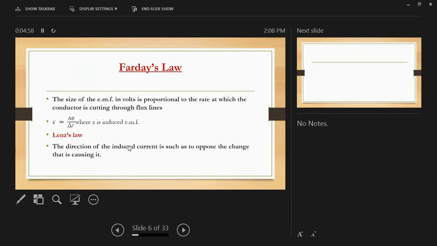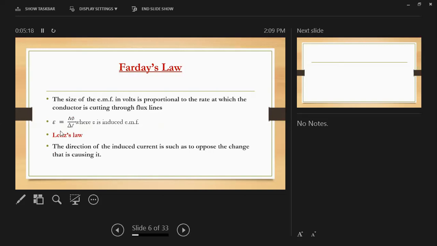There are two laws that we need to know for electromagnetic induction. The first is Faraday's law, which states that the size of the electromotive force involved is proportional to the rate at which the conductor is cutting through the flux lines.